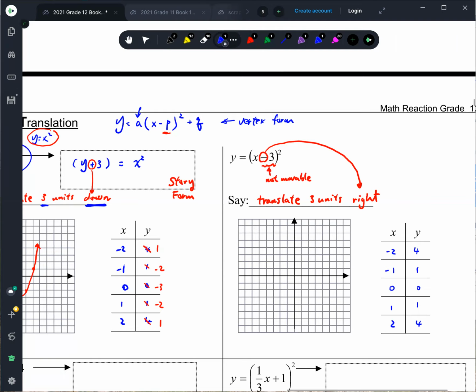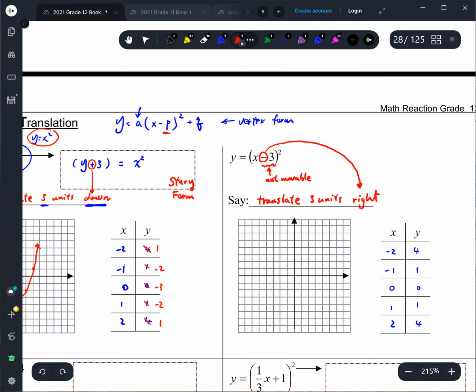We want to move all the x to the right by 3. So your x value will change. Please get a new table for this one and then raise your hand.